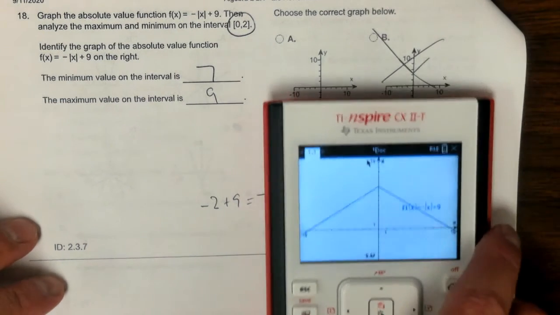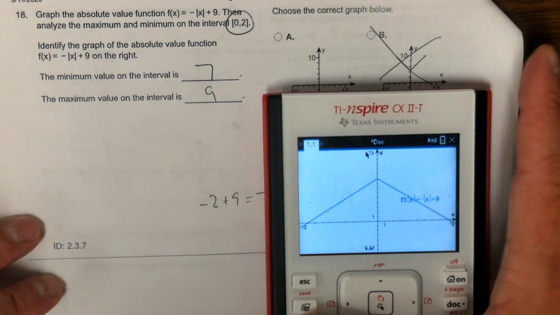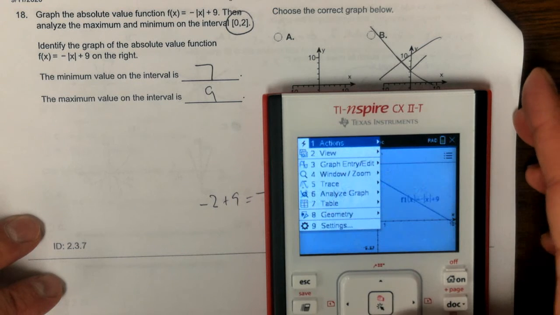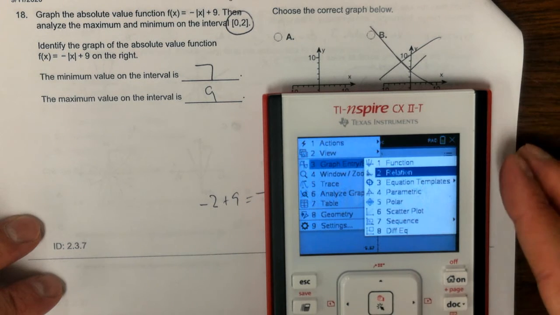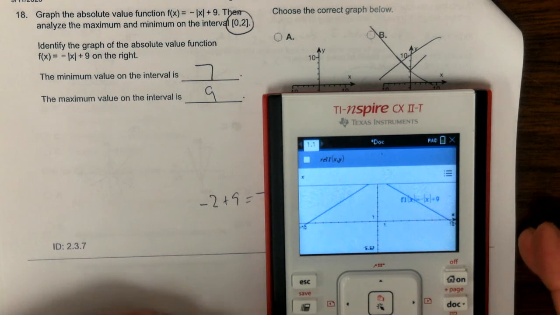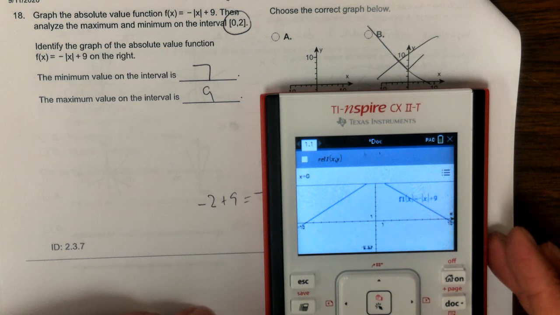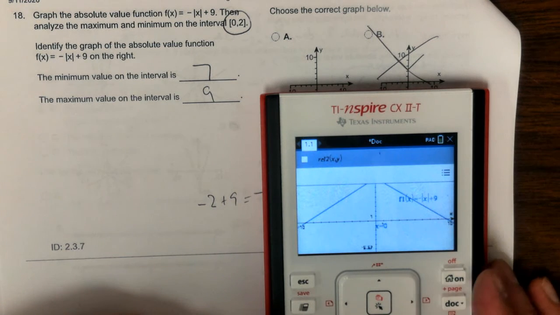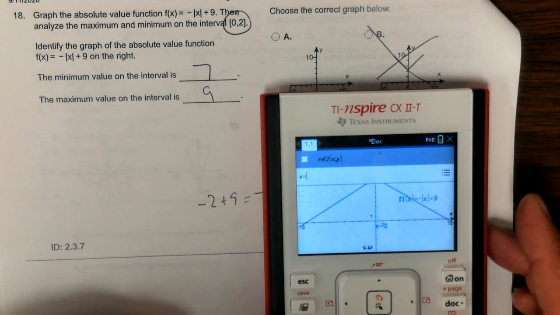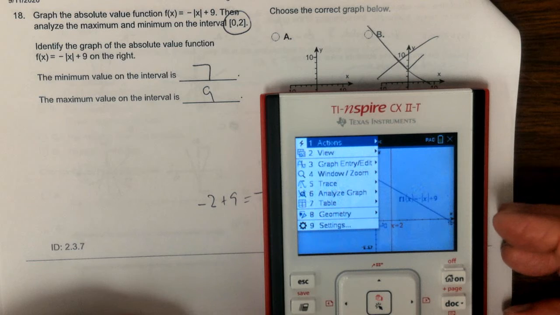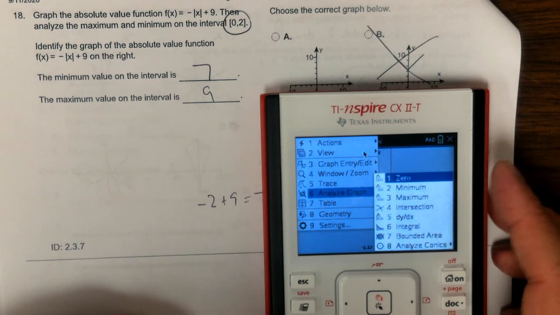Since I have a tiny bit more time, I'm going to show you this. Menu, graph entry, relation, x equals 0. So that's that one. And x equals 2. That's that one. Menu, analyze, intersect.